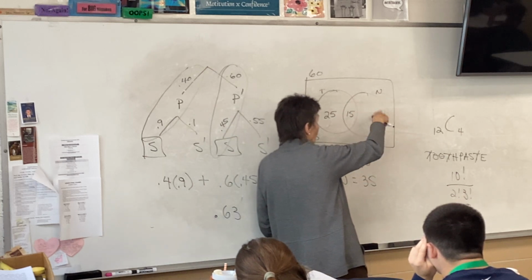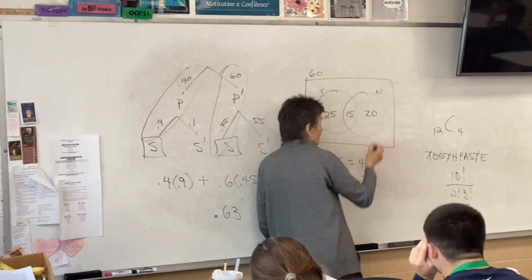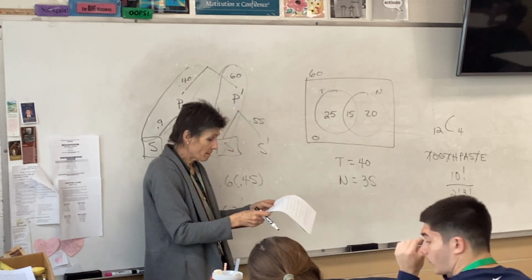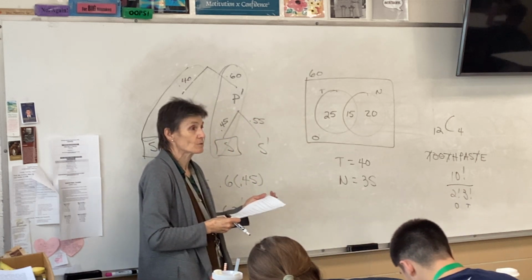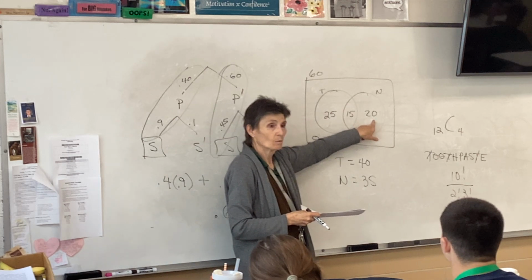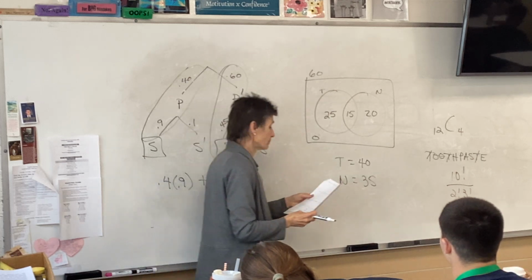Now, this whole one adds up to 35. So that's 20. What was the question? How many wanted to be only nursing? That would be these guys, right? Only nursing, so 20 is the answer.